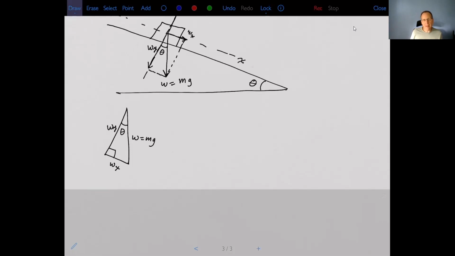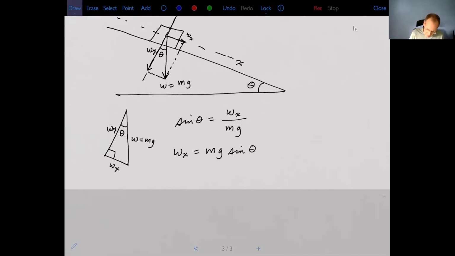Well, relative to theta, what is Wx? It's opposite, right? So we could say that sine of theta is equal to the opposite over hypotenuse. And then if I want to solve for Wx, I can multiply both sides by mg. So I'm going to find that Wx is mg sine theta.